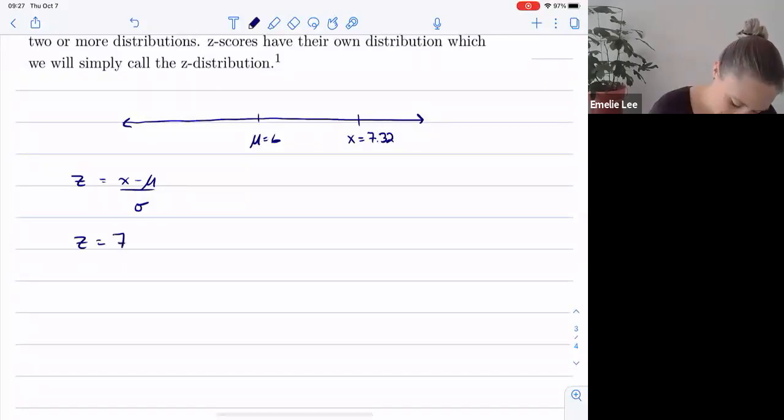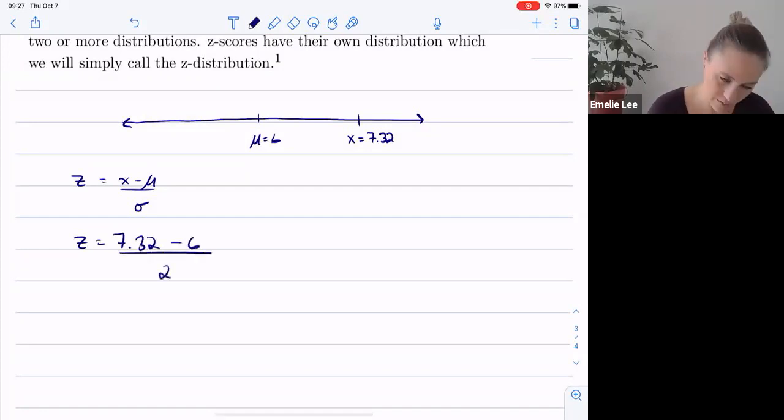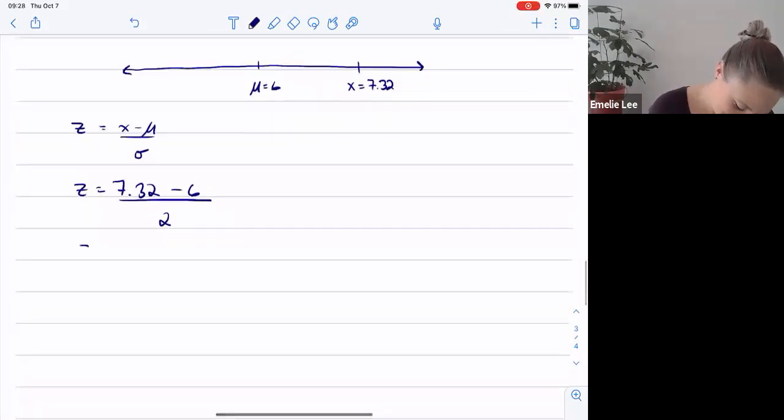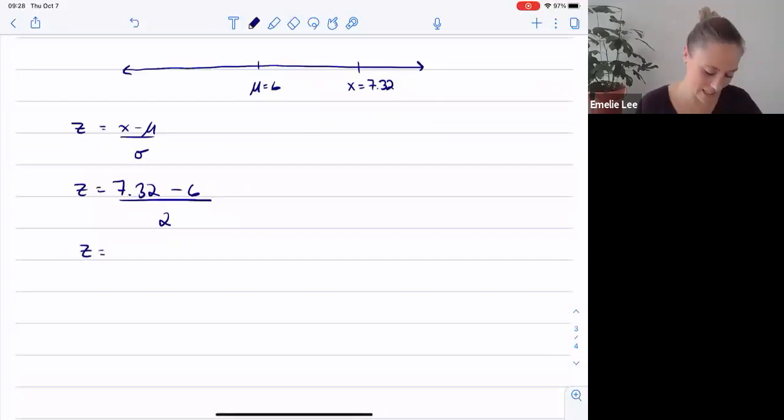So my x is 7.32 minus my mu, which is 6, over my sigma, which is 2. Where's my calculator?